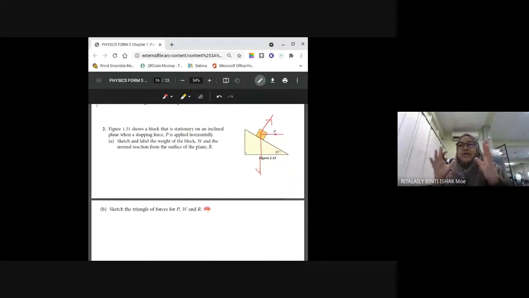Okay, so now we have 3 forces on the box. And B, sketch the triangle of force P, W, and R. So what we need to do is label. So we know where is W, where is R, and where is P. And the second part is we need to gerak-gerakkan all these forces, so it will form a triangle, and the direction for the triangle is in a cycle.